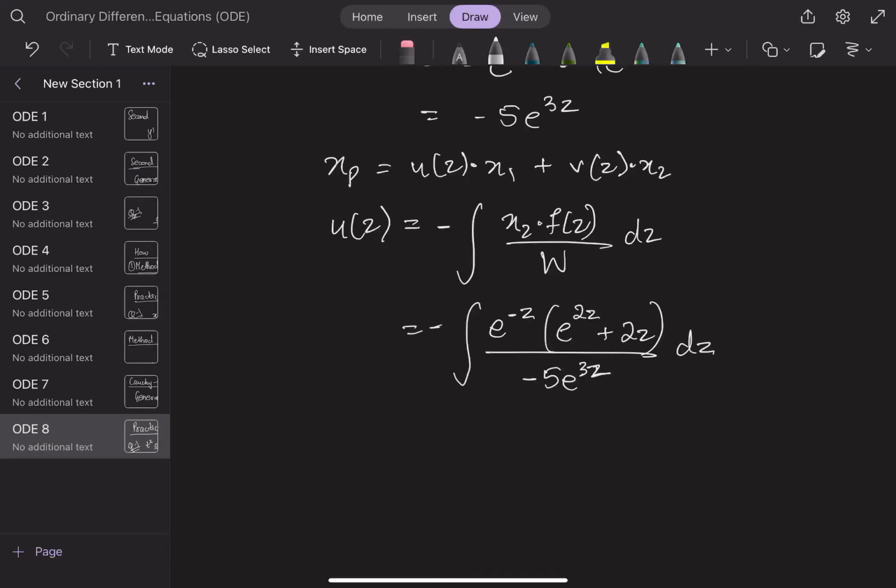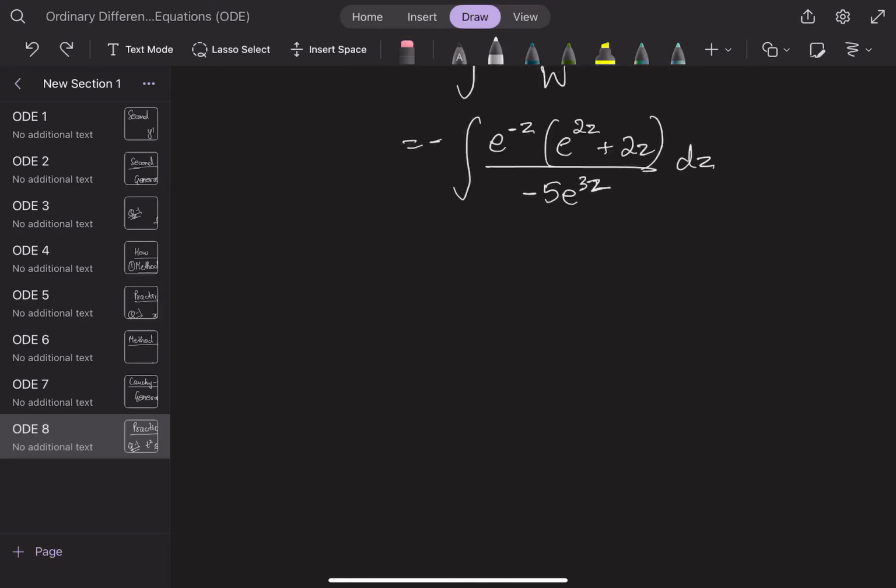Remember guys, f(z) is your RHS of the equation. So let's solve this. So I'm going to take out the constants. This minus will get cancelled.